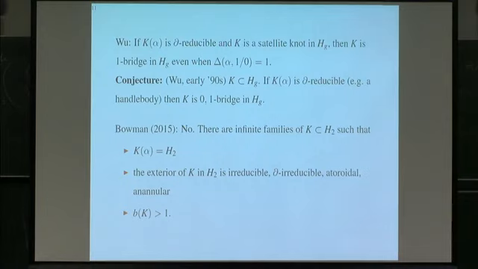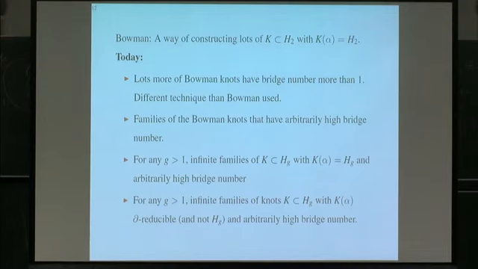Well, so that ended that, but you still wonder, at least I still wondered, well, maybe there's some bound on the bridge number, so maybe this kind of argument might still work. You put some bound on the bridge number, and then you work from that. So that brings us to today's talk.